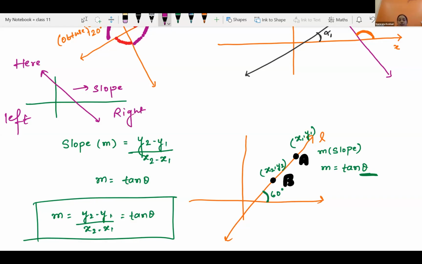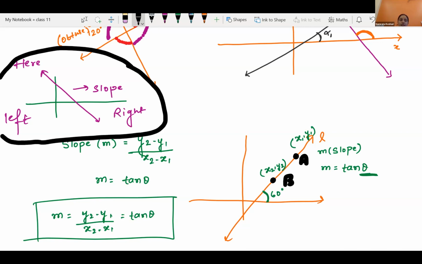Yes, Mariam, can we see? Yes, miss. If our line is going down when we are moving from the left side towards the right side, then we will say the slope is negative over here.